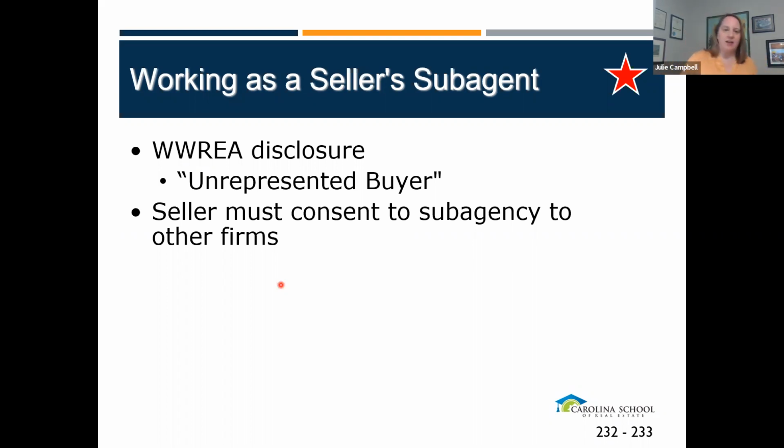When you look in MLS, you can see for each property agency options, and it says buyer agent only, sub-agent only, or both. So when your buyer customer says they want to see 123 Main Street, the first thing you need to do is go into MLS and make sure that the seller, that the firm will allow you as a seller subagent to show that property.